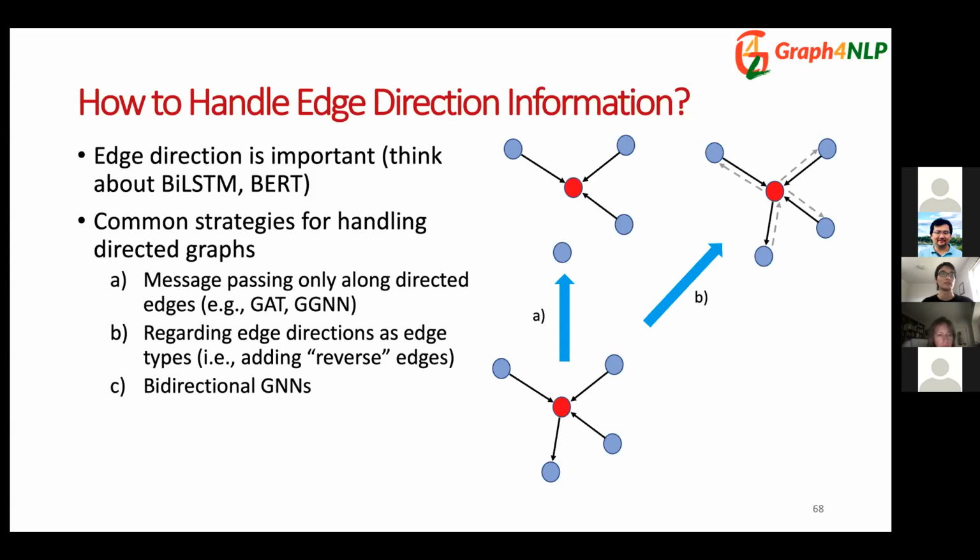And the third approach we are going to introduce here is bidirectional GNNs, which can naturally handle directed graphs. In the next few slides, I will introduce the second and the third strategy specifically.